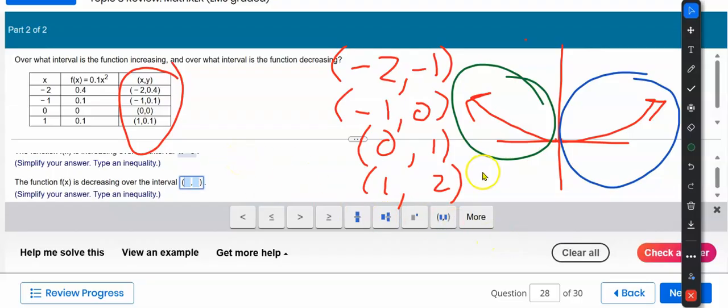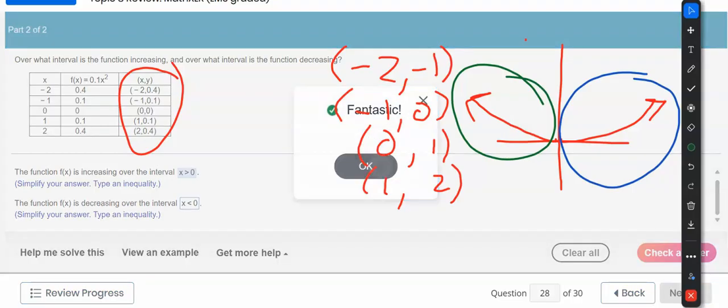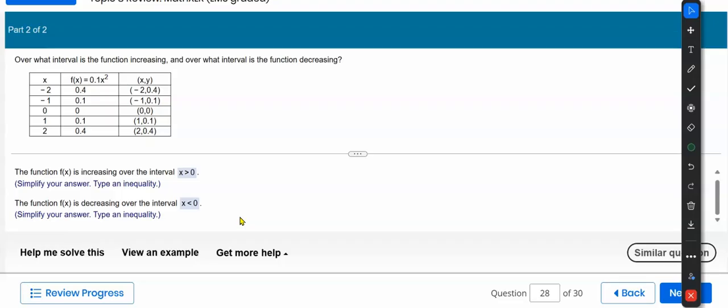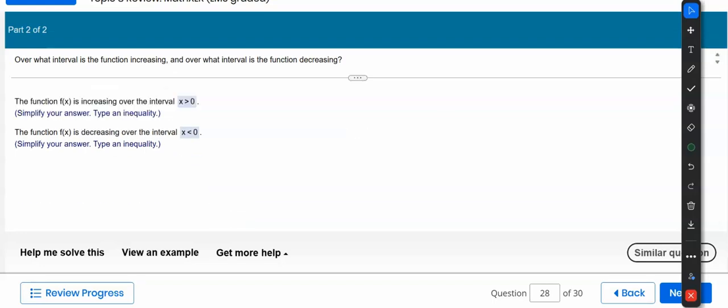Oh, they don't want interval notation. They wanted an inequality: x is less than 0. Okay. So greater than 0 would be increasing, less than 0 would be decreasing. Okay, that takes care of that one.